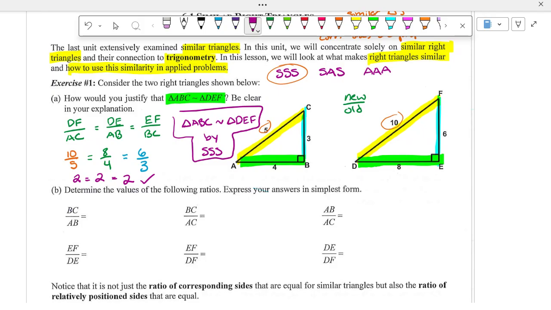So BC over AB. So what's BC equal to? Side BC, what's that equal to? 3. What's side AB equal to? So 3/4. BC over AC, what would that be? 3 over 5. Good.